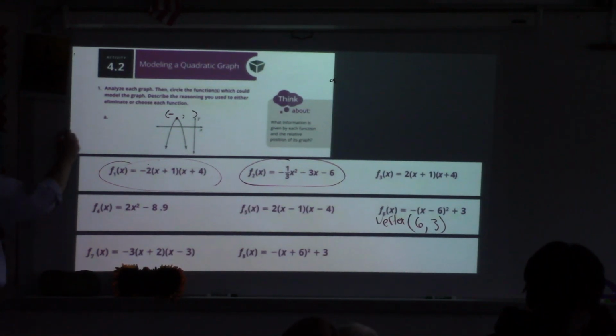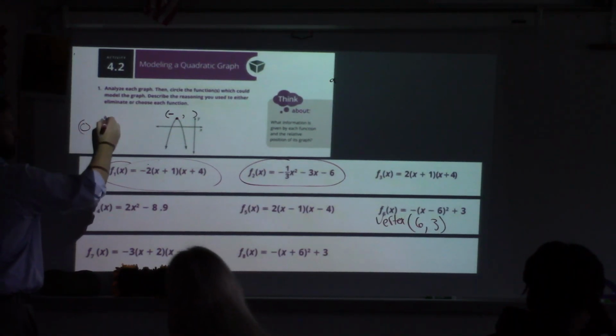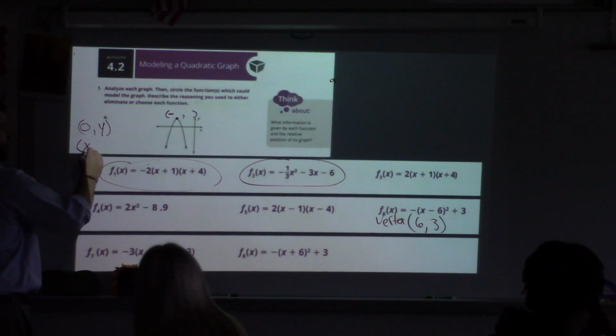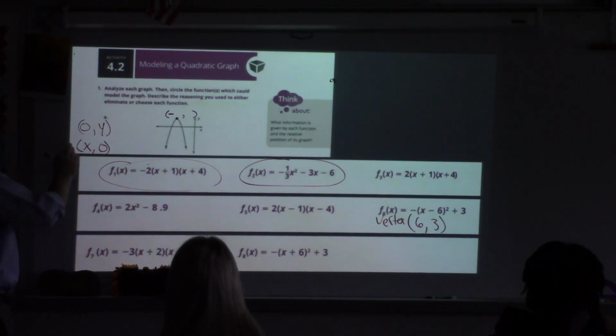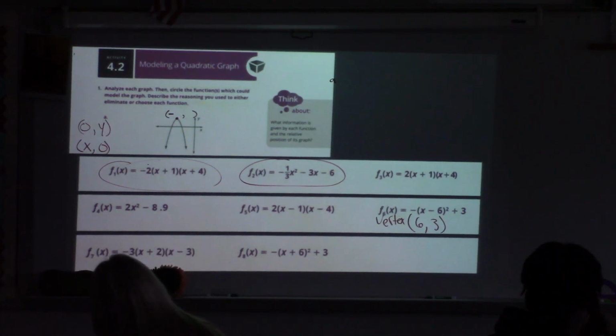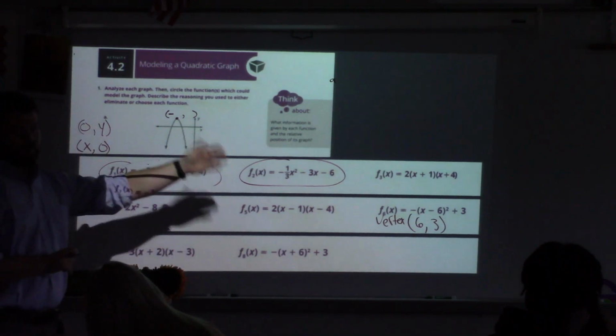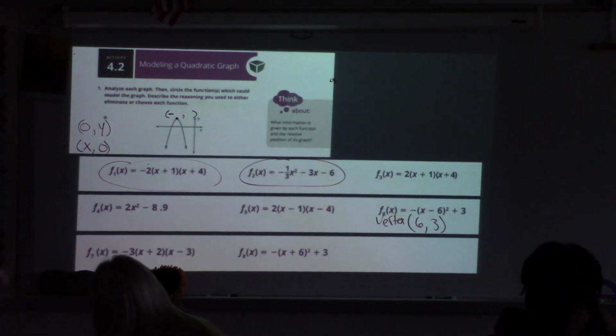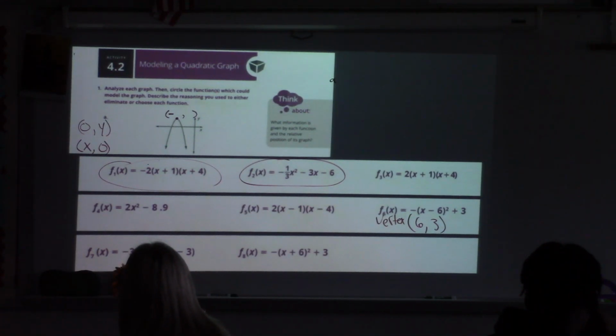So remember, a y-intercept is 0 comma whatever the y is. The x-intercept is whatever the x value is comma 0 for the y. So it's only when we're talking about x and y intercepts that we have that 0 involved. If it's vertex form, we have a vertex, h comma k. Now, could you have a 0 in vertex form? Yes. But that's not necessarily the point of the equation, okay?